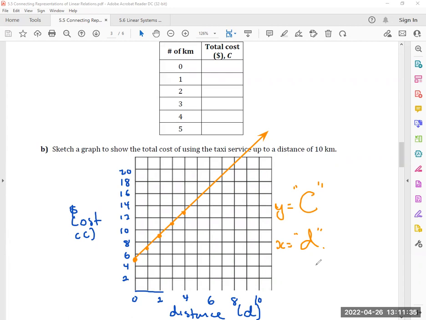Yes. For the first one with the table and stuff, it's the same question all the way. How is 0 kilometers $5 if you don't use the taxi service? I know there's a flat fee of $5, but if you don't actually go anywhere, they charge you? They do though. If they stop and they put you in, they push the button, immediately you owe them $3.50.